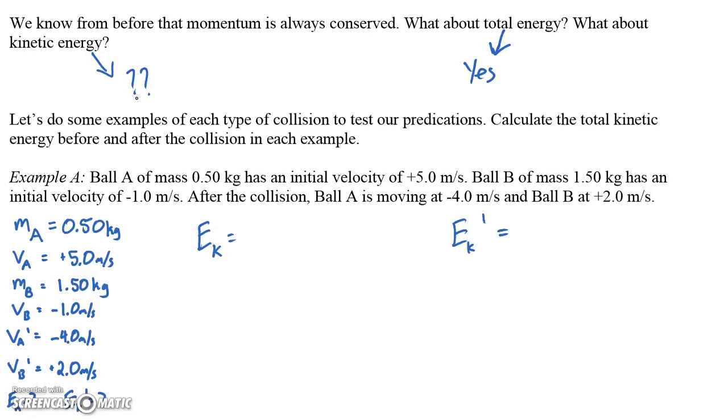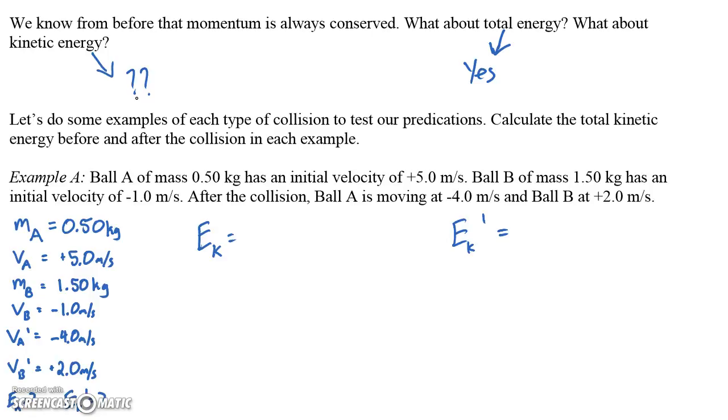We're going to calculate the total kinetic energy before and the total kinetic energy after in 3 different examples to see whether anything is true or not. So we've got ball A with a mass of 0.5 kilograms moving at 5 meters per second, and ball B has a mass of 1.5 kilograms moving at -1 meters per second.